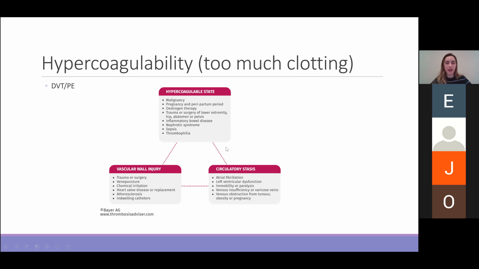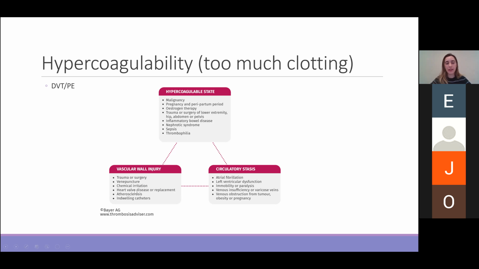So this is the triad I was referring to. You probably have had this talked about a lot. Hypercoagulability is one part of causing clotting. Big ones here that I want to emphasize are malignancy, estrogen therapy, and obviously if you have a thrombophilia. Vascular wall injury is also important.